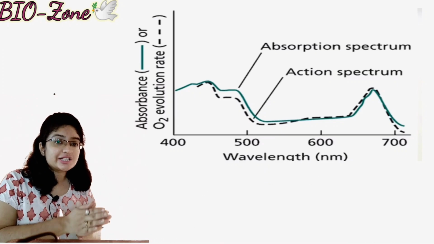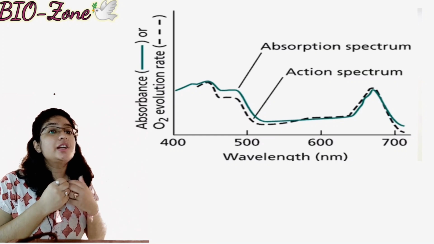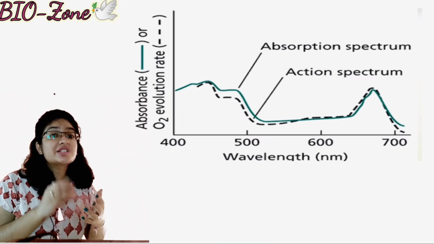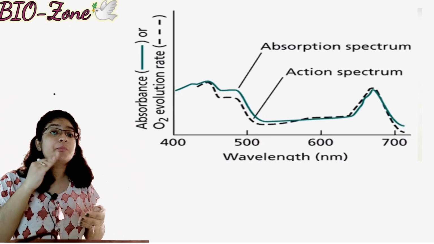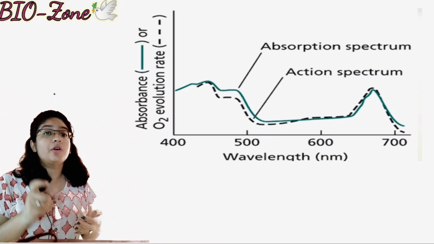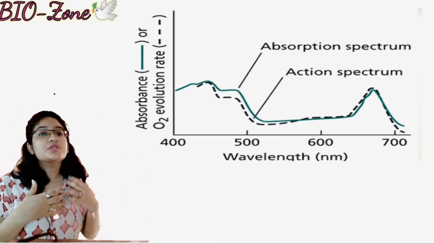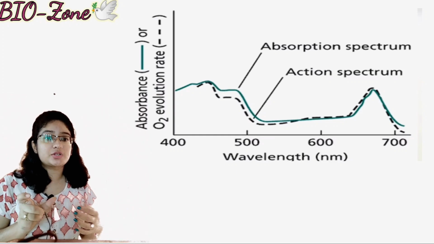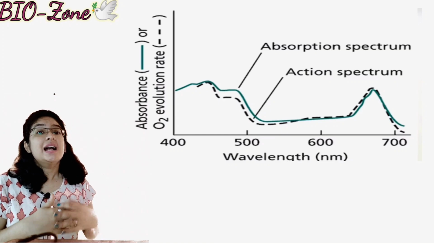And the action spectra is defined as the rate of photosynthesis which is influenced or stimulated by a range of the spectrum. Okay.